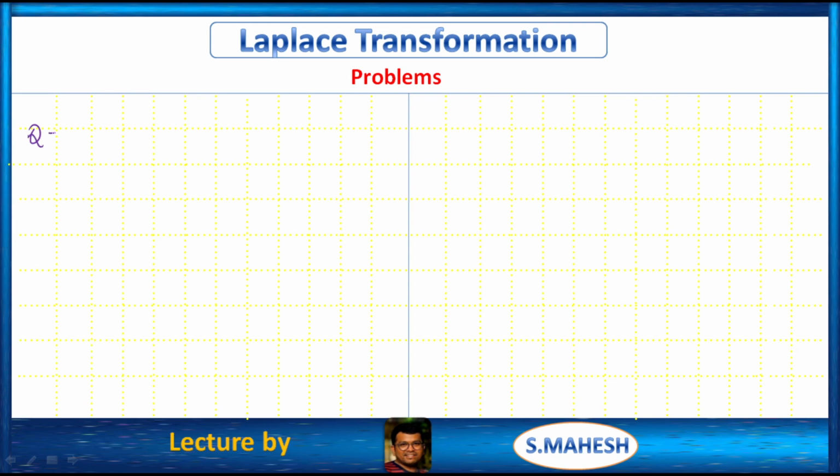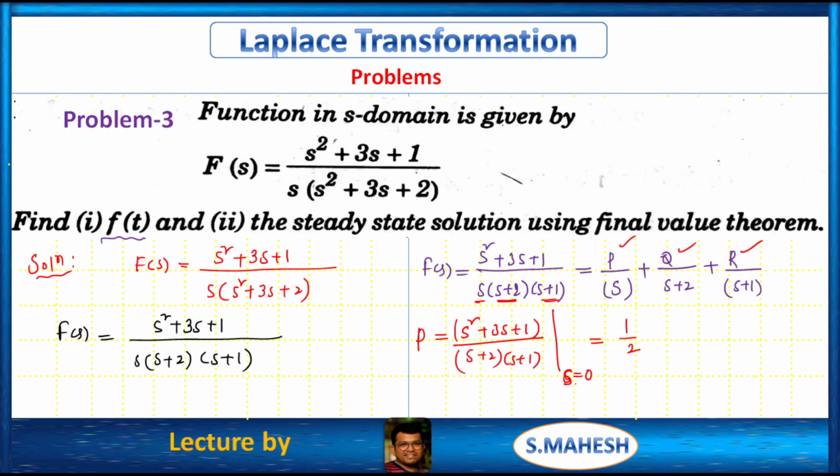To get q, we evaluate s square plus 3s plus 1 by s into s plus 1 when s is equal to minus 2, because s plus 2 is equal to 0. At the value of minus 2 only we can get the value of q, because it is q by s plus 2.